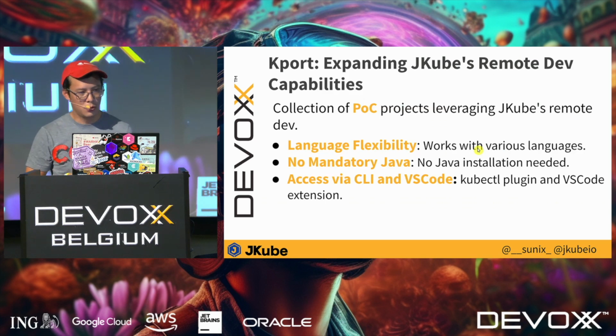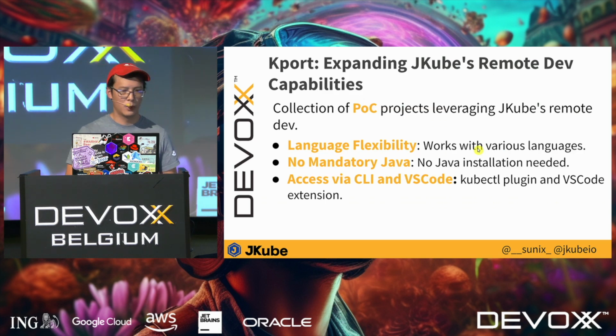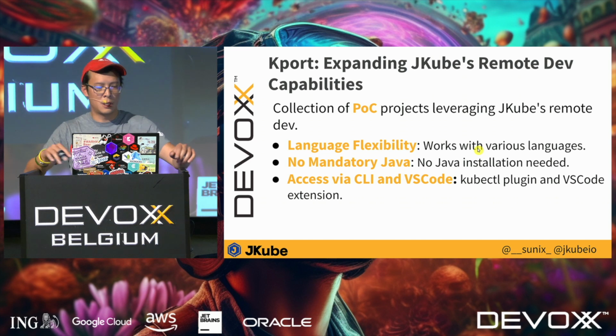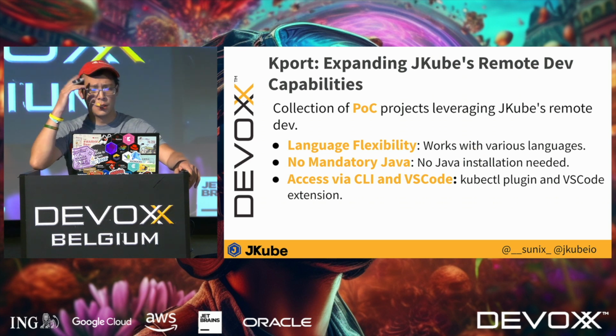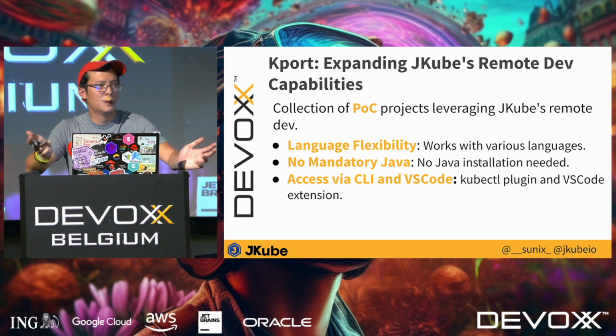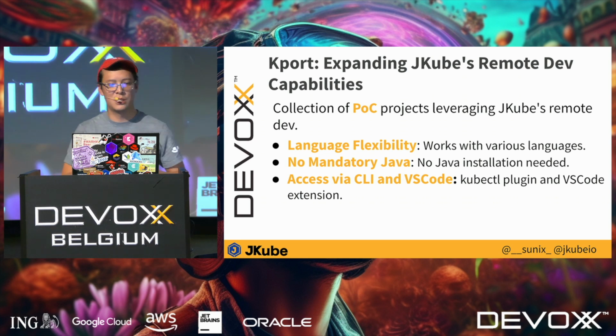Okay, so this is good, but when I first saw this demo, done by my colleague Marc who built this feature, I was wondering, we could do that with non-Java projects, right? It's not specific to Java. The thing is, JKube is a Maven plugin and Gradle plugin, so normally you would use that for Java projects.